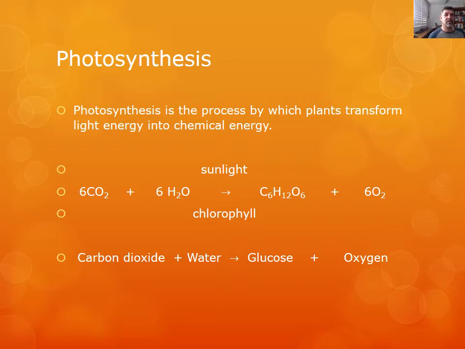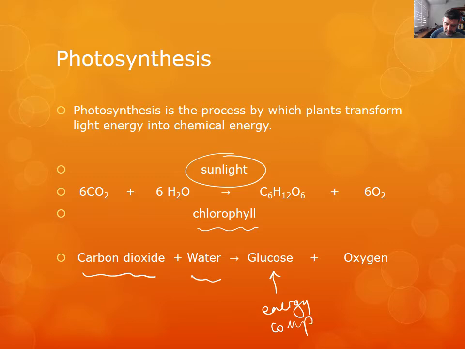Photosynthesis is a process by which plants transform light energy into chemical energy. I'm sure it's a process you've looked at previously in your junior science courses, and it involves carbon dioxide gas and water in the presence of a light energy source such as sunlight and also chlorophyll to produce a high energy compound, glucose, and also oxygen gas.